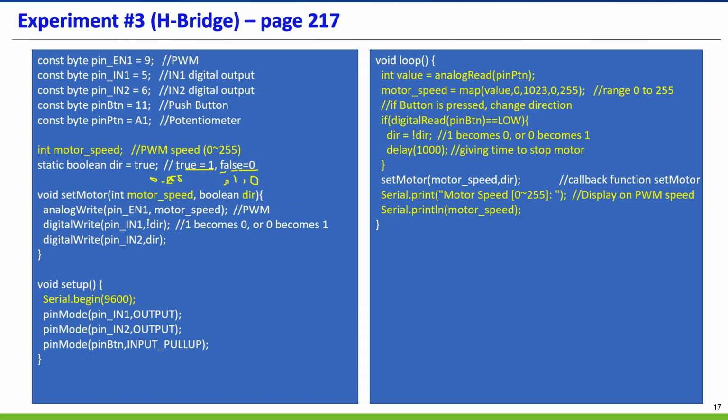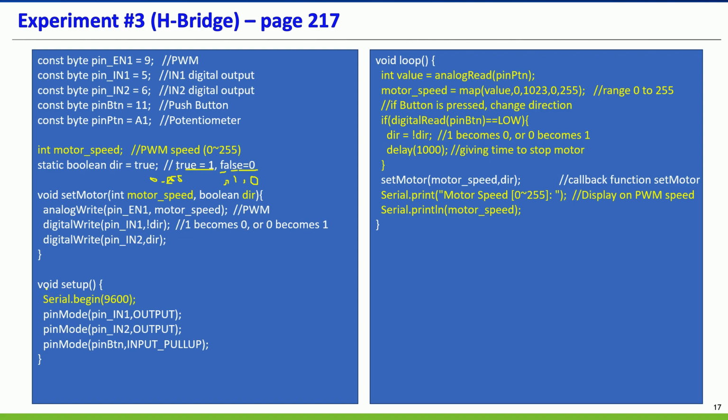This one is analogWrite, a PWM output pin with a value from 0 to 255, and then digitalWrite outputs, this one between pin 5 or 6, either 1 or 0.